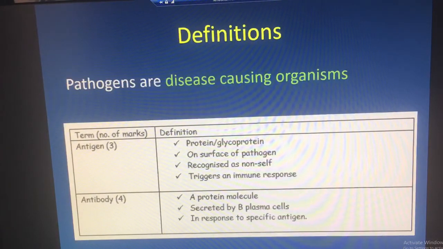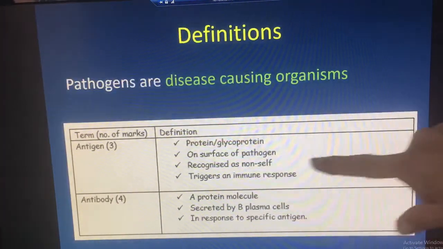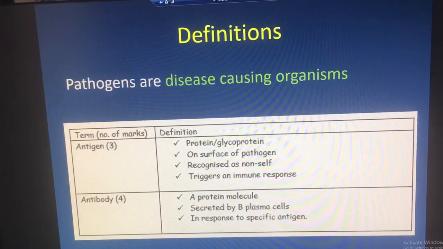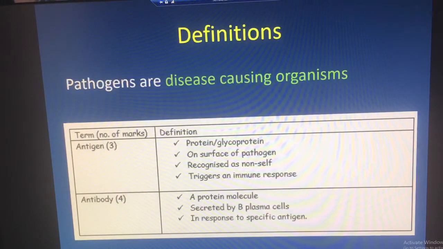So here are some key definitions that we will be using a lot throughout this module. Antigens, our 3-mark definition, are proteins or glycoproteins that are found on the surface of cells, and an antigen that's found on the surface of a pathogen will be recognised as non-self by the immune system, and that will trigger an immune response.